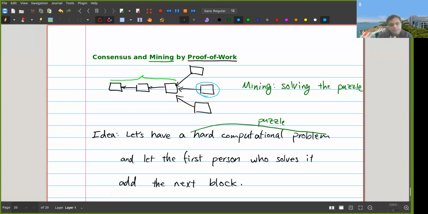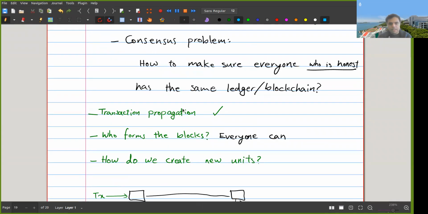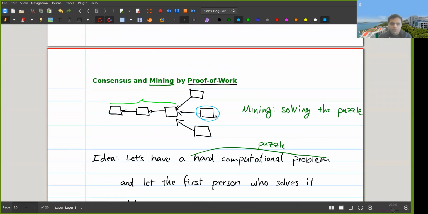And the way this announcement works is exactly like the way that we do transaction propagation. So this guy has a new block, and he was lucky or he did a lot of hashing and could find a block such that the hash of the block is small. So he just announces it to the whole network, and then the network propagates this.